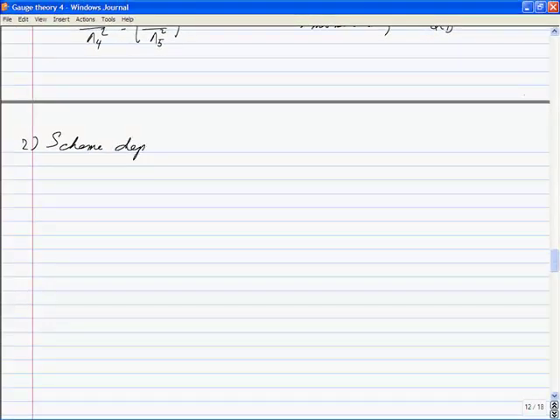The second thing I wanted to talk about was scheme dependence. This comes when you try to put a number on lambda QCD. And you know that there can be different renormalization schemes.